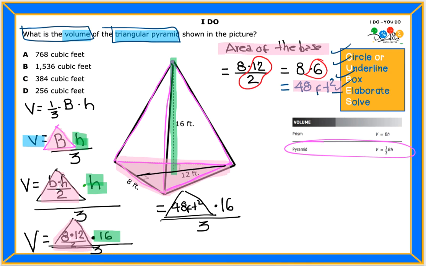And so I can keep track of all my work, I'm going to highlight the triangle in pink so you can see that I got it from this area that we highlighted in pink. The 16 we haven't multiplied yet, but it still is there because it was in the formula. And then we'll have to divide by 3 at the end.